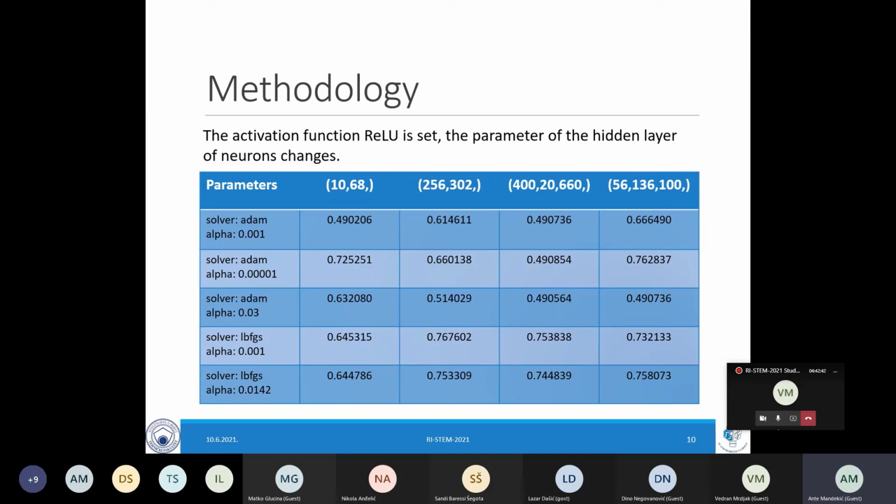After testing, it was concluded that increasing the number of hidden layers and the number of neurons in them does not necessarily improve the prediction results. Even if you think that a higher number of neurons and layers is going to improve things, it is not the case in practice.